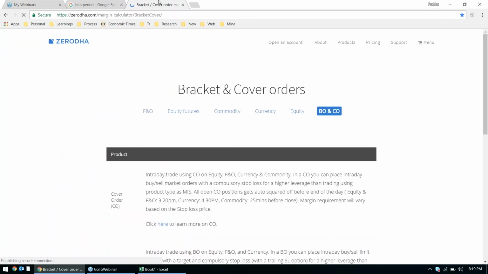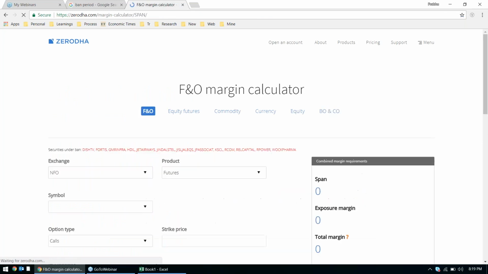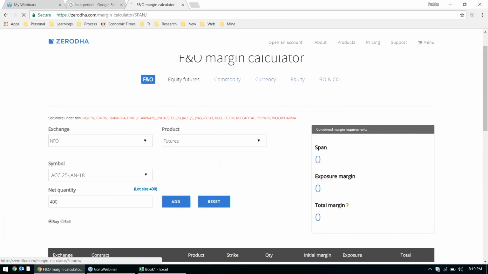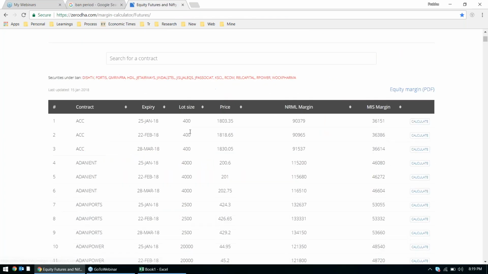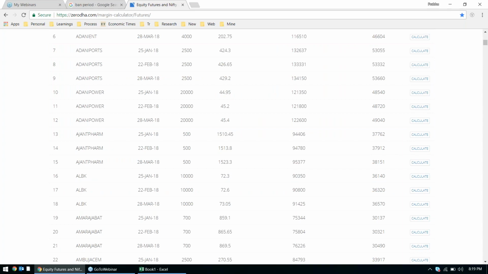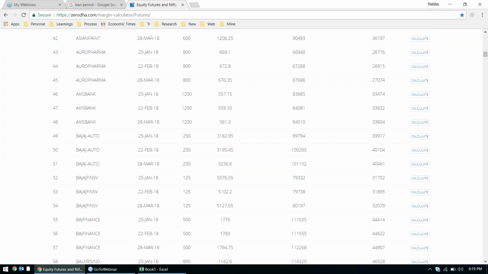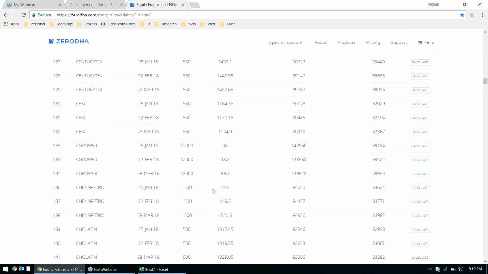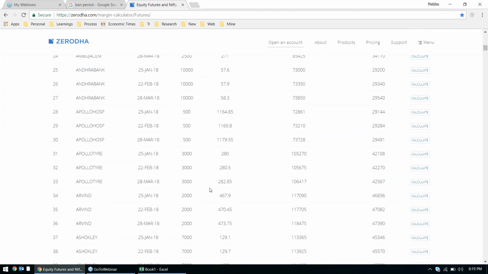I'll show you. You can go to the futures and options page in the Zerodha margin calculator, the equity futures page. Here, every stock in futures and options is listed, and you can always look into the lot size of each stock.